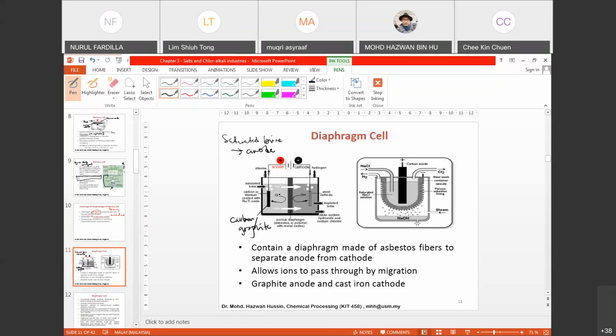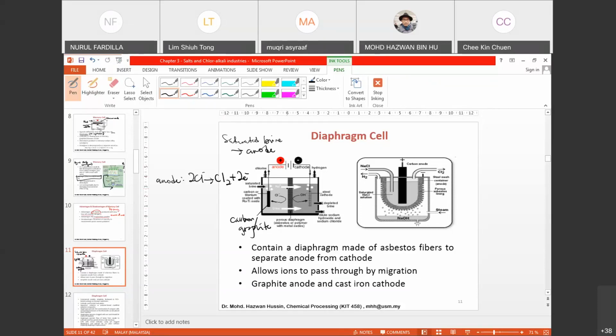Chlorine gas is still produced at the anode, using the same equation as what I've mentioned to you. I think earlier there's a mistake. It shouldn't be plus 2 electrons here. It should be plus 2 electrons over here. Then you get the chlorine gas. This is actually the anode equation.